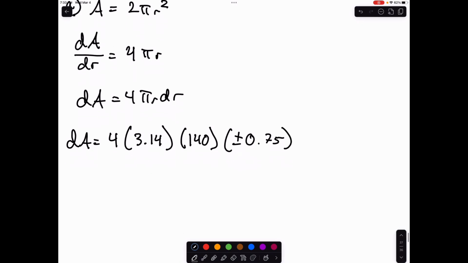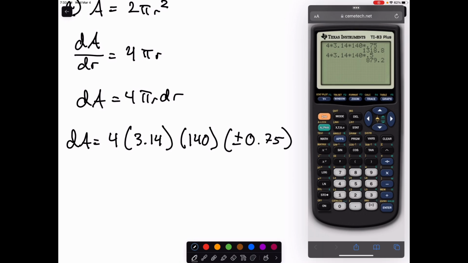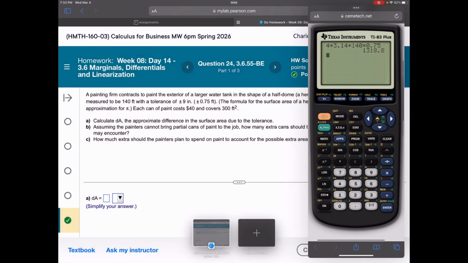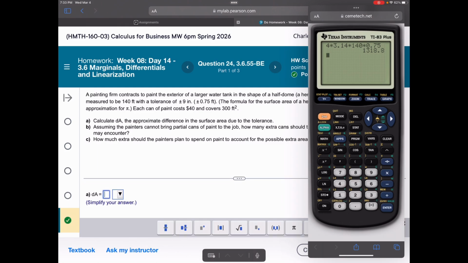So then we're just going to multiply that out to calculate our dA: 4 times 3.14 times 140 times 0.75. That gives 1318.8 square feet.